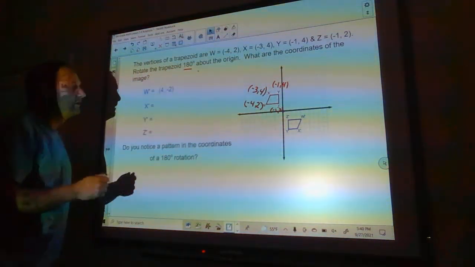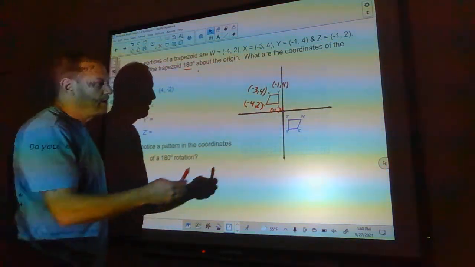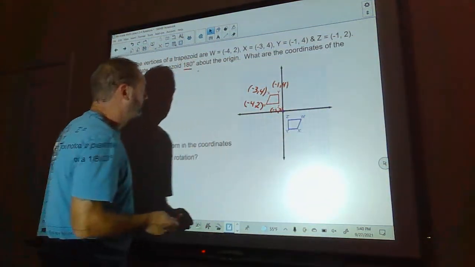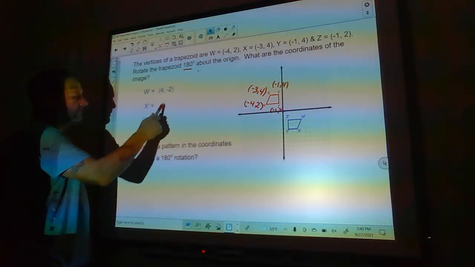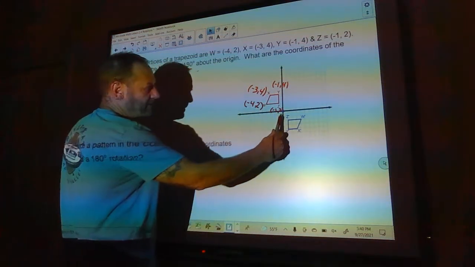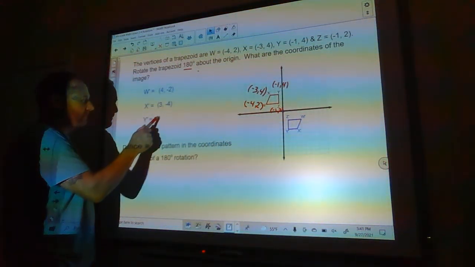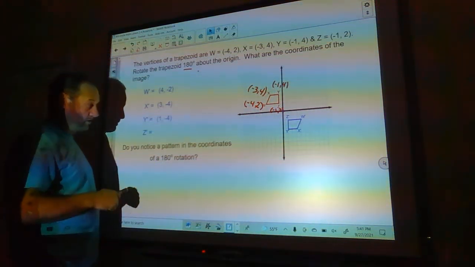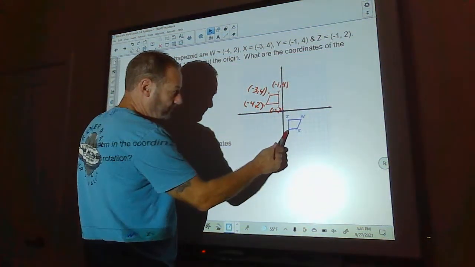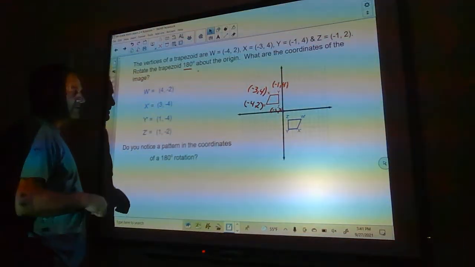W prime is 4, negative 2. X prime is at 3, negative 4. Y prime, and these are all primes, of course, is 1, negative 4. And Z prime is at 1, negative 2.